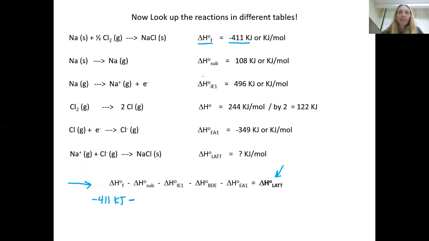I'm going to subtract the next value, which is delta H sublimation. I'm going to subtract the next value, which is ionization energy. I'm going to subtract the next value, which is this delta H bond dissociation energy. And remember, I had to divide it by 2 because of the way my reaction worked out.